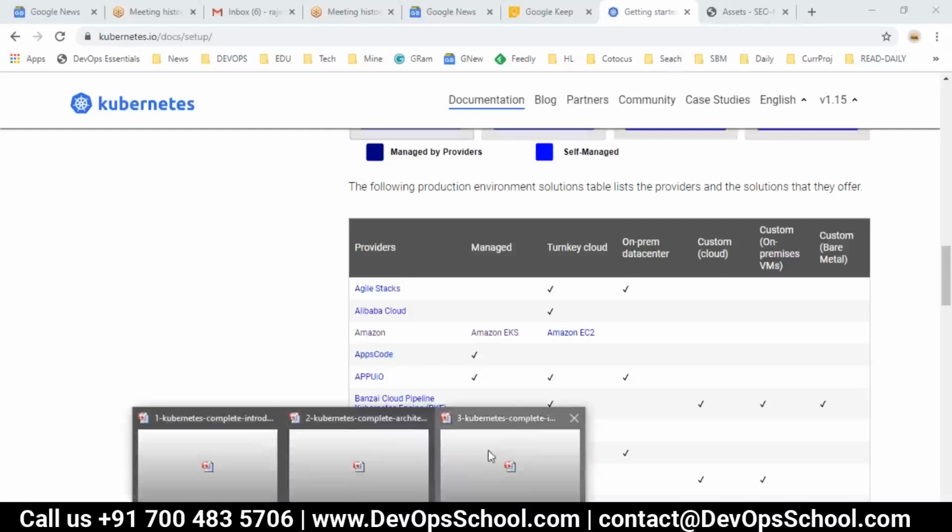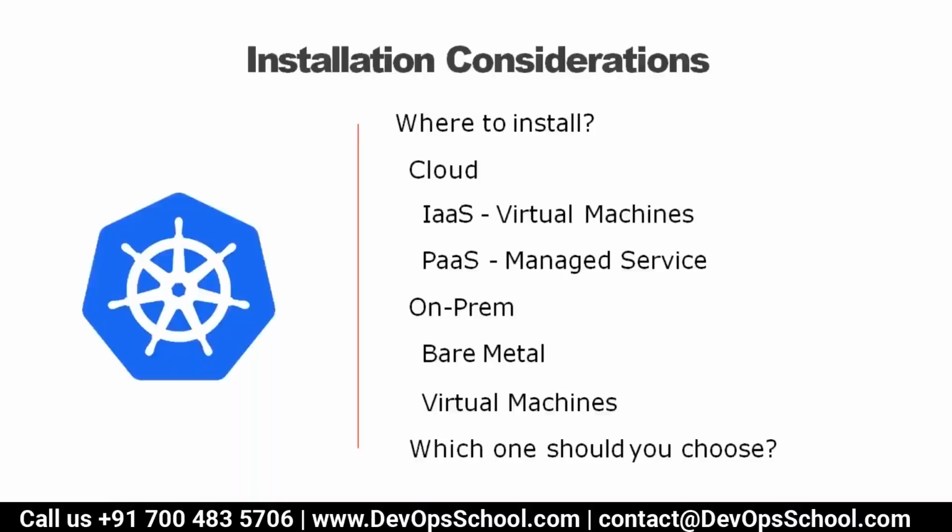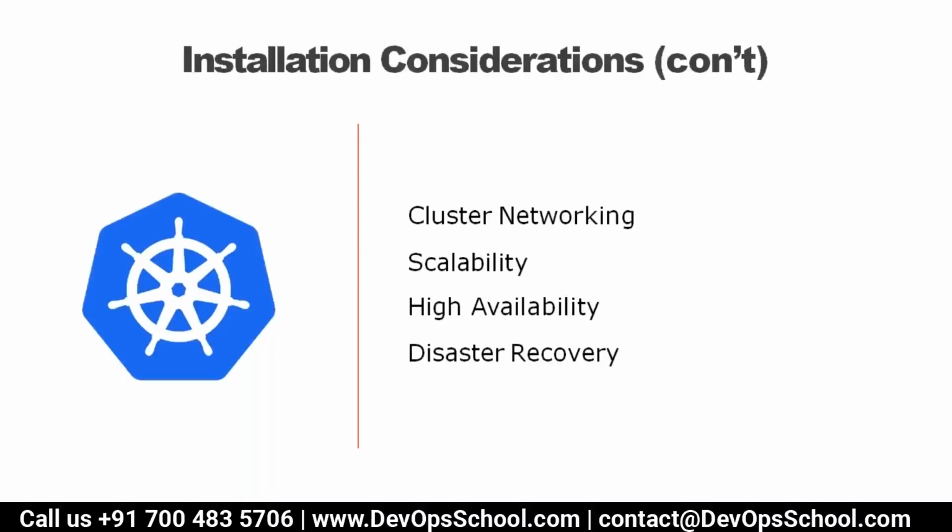You decide where you would like to install: cloud, on premises, IaaS, PaaS, bare metal, every possible solution you can find. While installing the Kubernetes cluster, many things you have to take into consideration, and one of the most important is which cluster networking you are going to use.